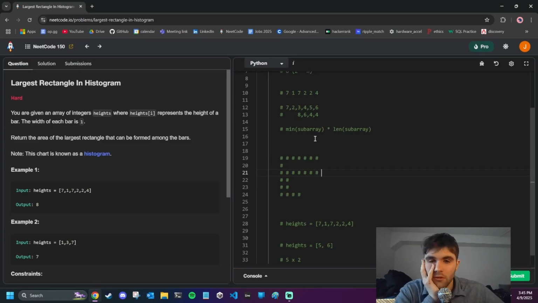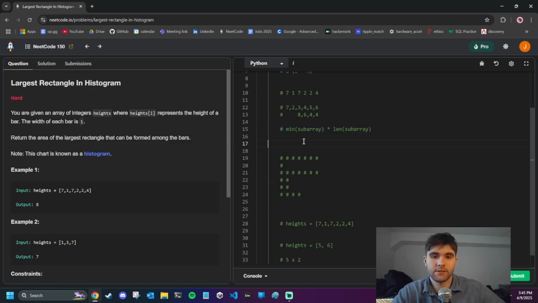So, what is this problem basically? It's find the subarray with the biggest score, where the score is the minimum of that subarray times the length of that subarray.